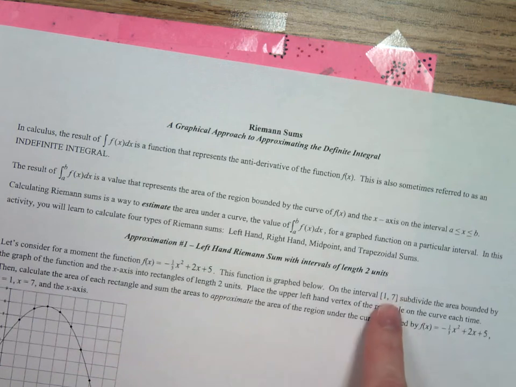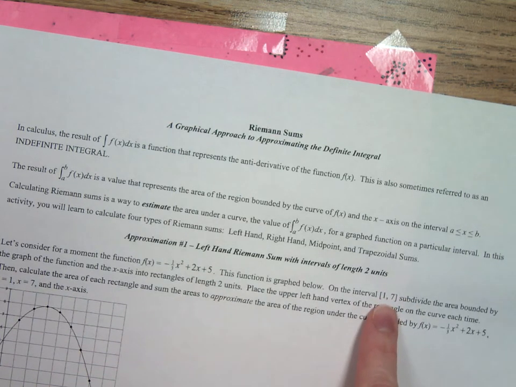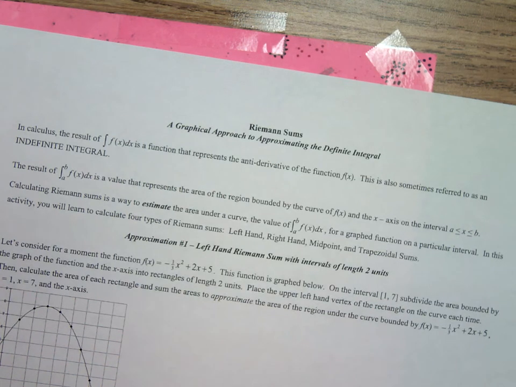And we want to go on the interval from 1 to 7. And we're going to subdivide the area between the function and the x-axis into rectangles with a length of 2 units.